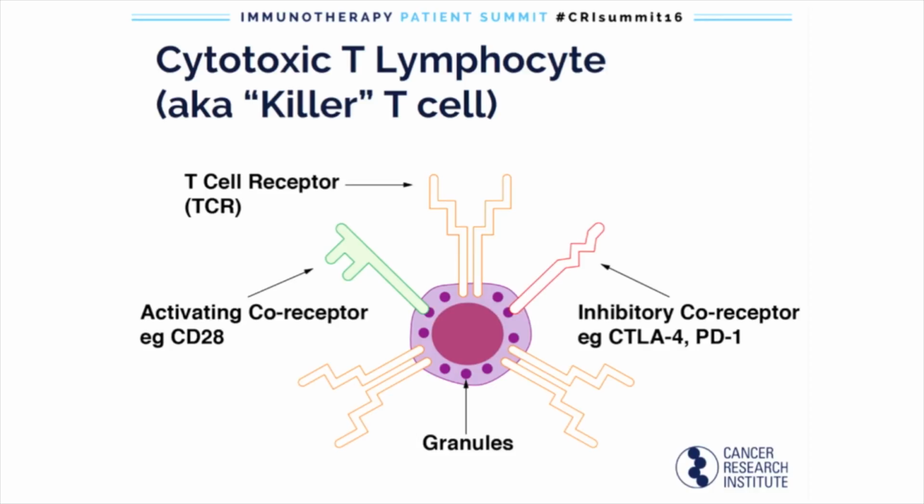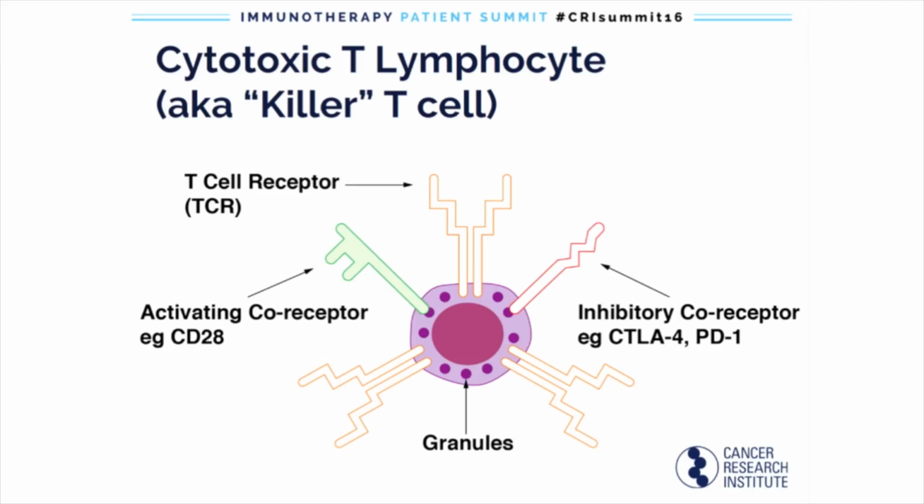The T cell receptor also recognizes antigens, but it recognizes it in a slightly different context, and I'll discuss that in a little bit more detail. In addition, there's a number of surface molecules on T cells that help turn it on or turn it off. These are activating co-receptors such as CD28, and this is one of the turning on signals. And there's inhibitory co-receptors such as CTLA4 and PD1, and these turn off immune responses in the T cell.